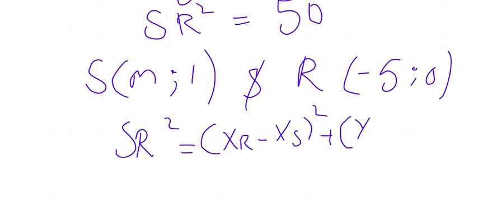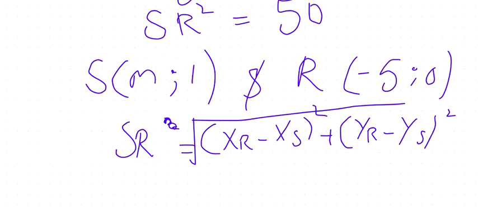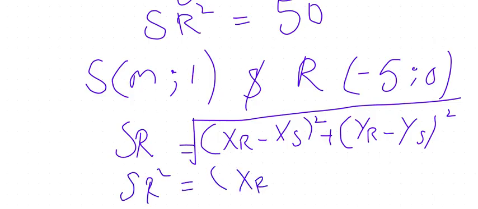As you know, in the previous one we calculated RT, where we took the square root; if you did not put the square over here, you write it like that. So we have to calculate SR square, so I take the square on both sides. We get (XR minus XS) square plus (YR minus YS) square, so the square root is cancelled by taking the square on both sides.